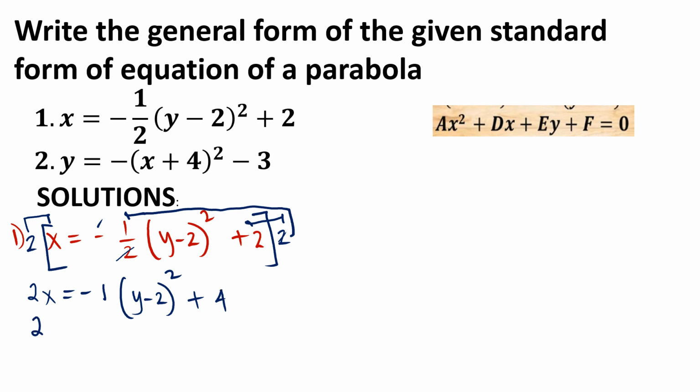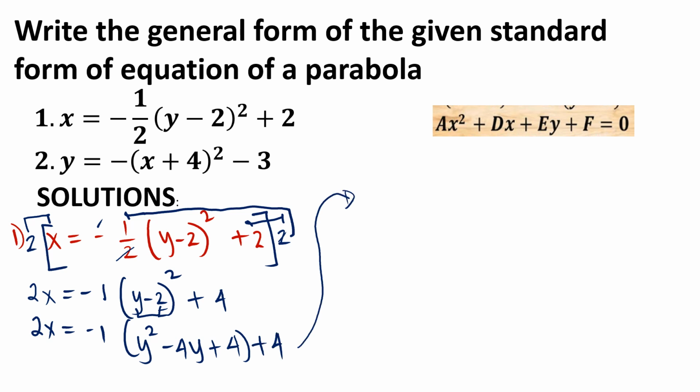Next we are going to expand the binomial y minus 2. Expanding it, we have y squared, then negative 2y times 2 will be negative 4y, plus the square of 2 will be 4, plus 4. The next step is to distribute the negative 1 to the terms inside the parentheses.